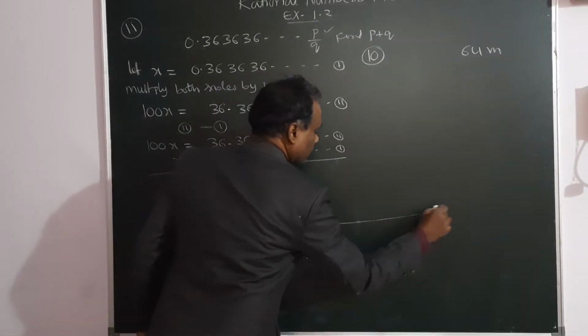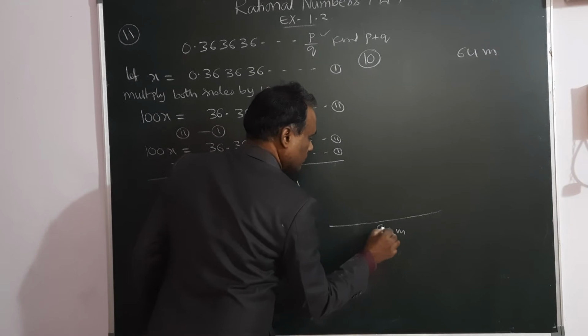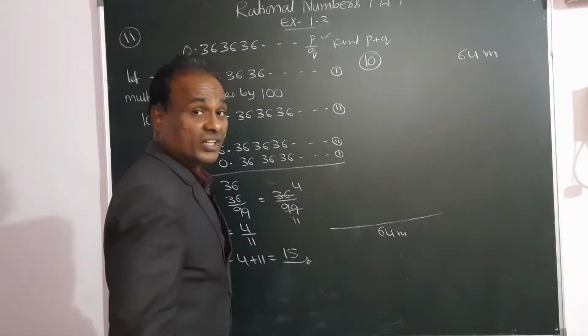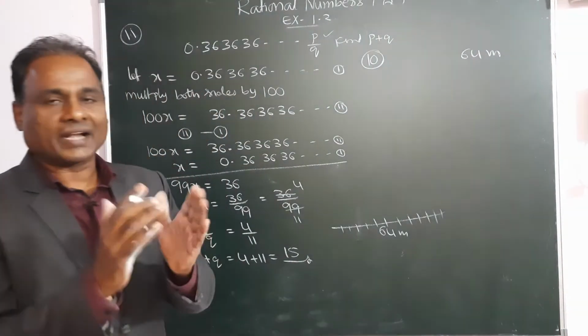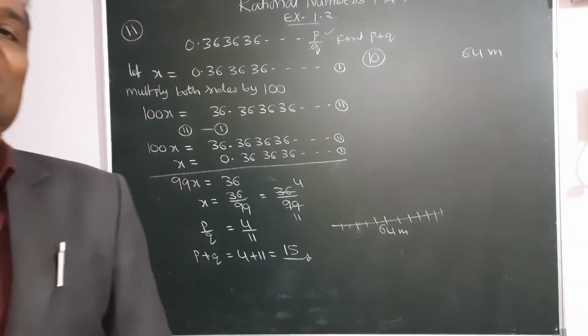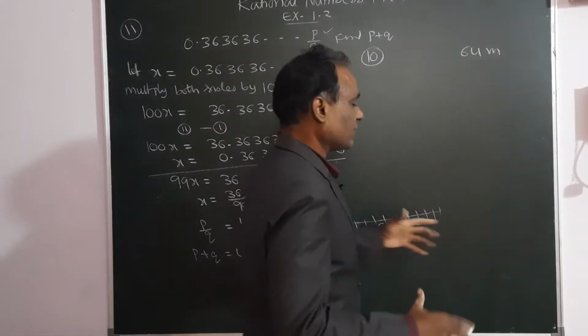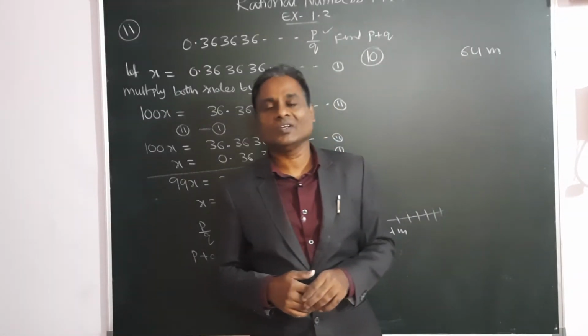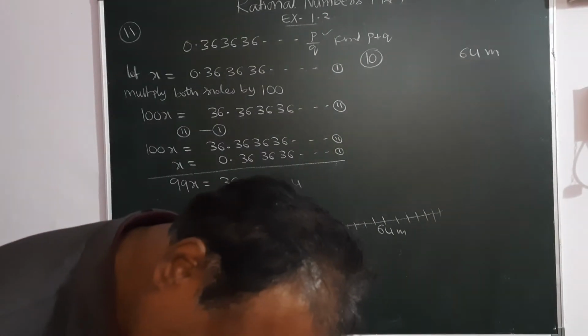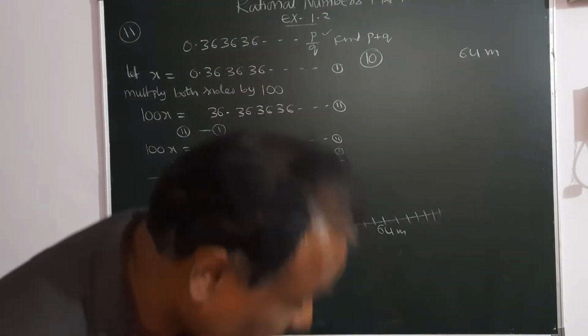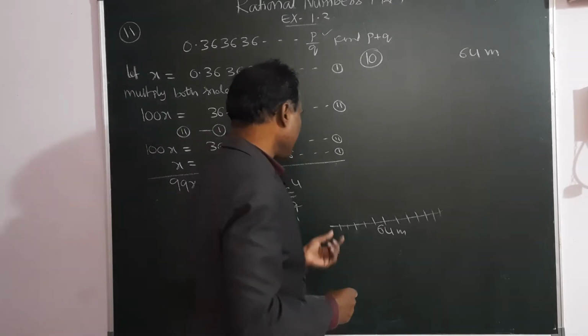64 meters of cloth, and 36 trousers are stitched from this. The cloth is cut into 36 equal parts. So what is each part?